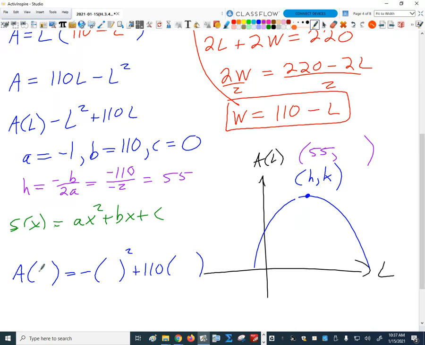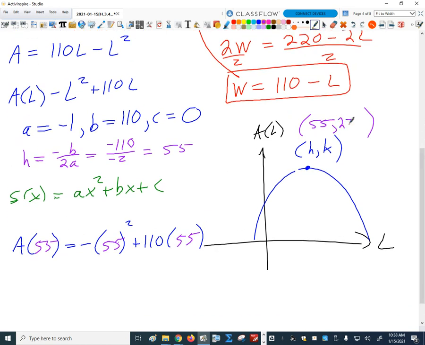Well, the input is 55. So I'm going to get negative 55 squared plus 110 times 55, which should give me 2775. Is that right? Somebody check me on that.